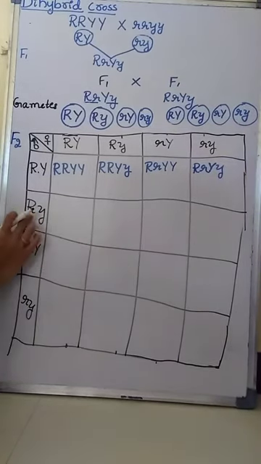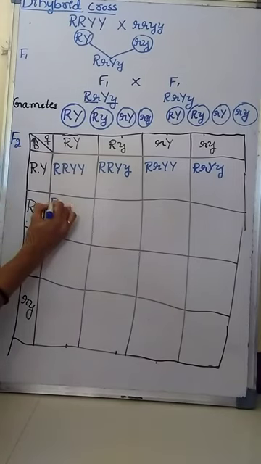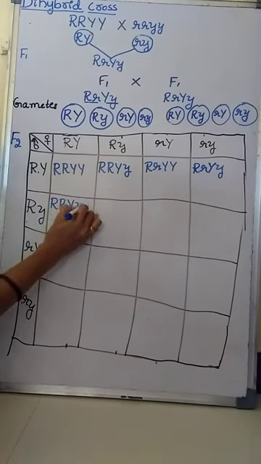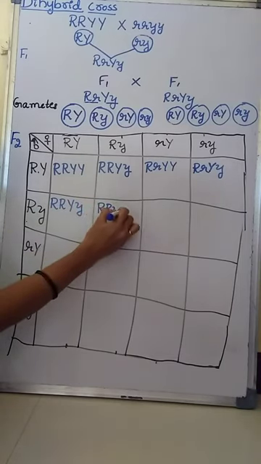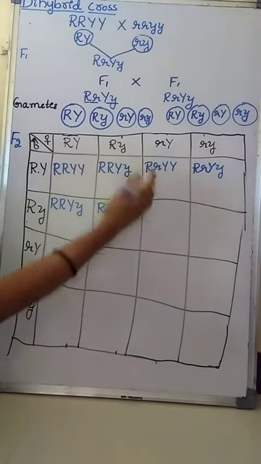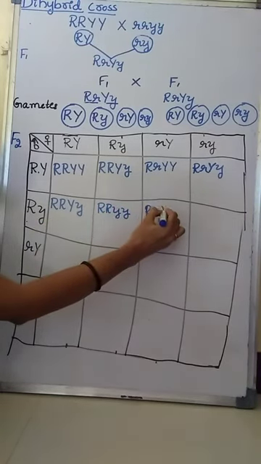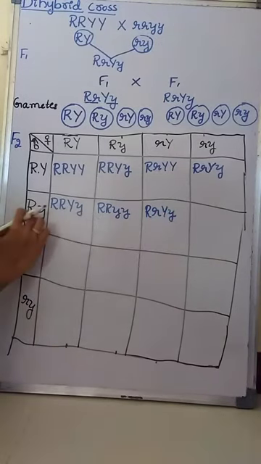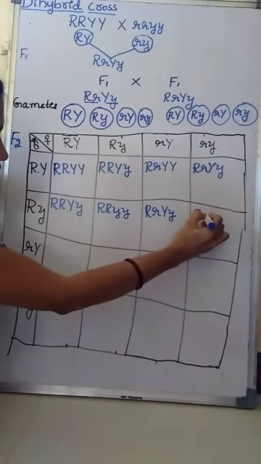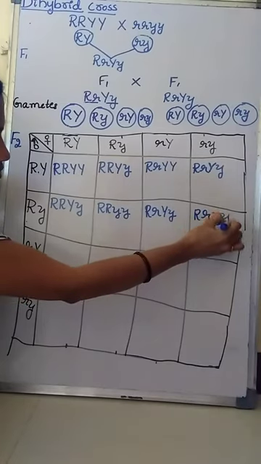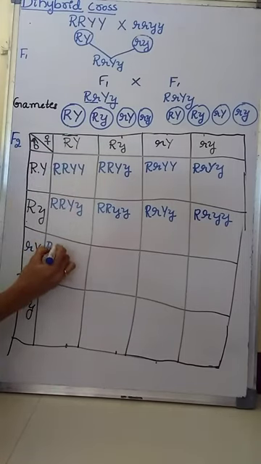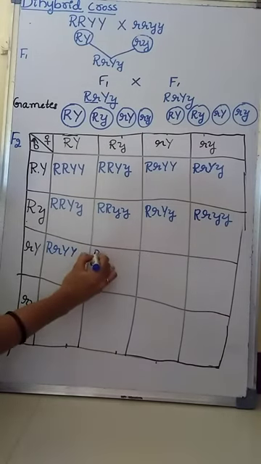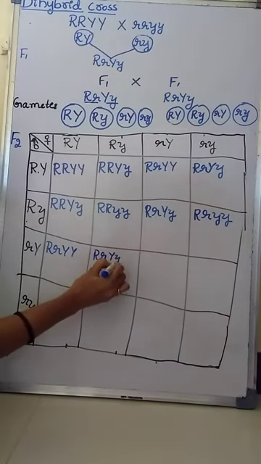Like this. Then now these two: capital R, capital Y, small y together. Here capital R, small y together. Here capital R, capital Y, small y. Then these two: capital R, small y, small y. Now these two: capital R, small r, capital Y. Here capital R, capital Y, small y.